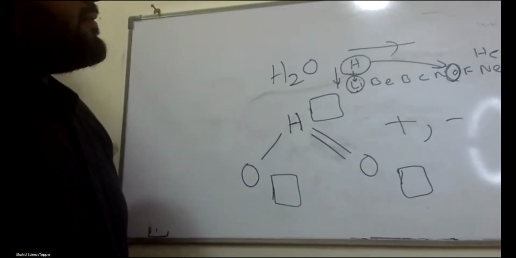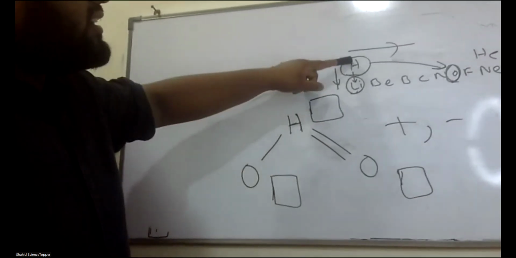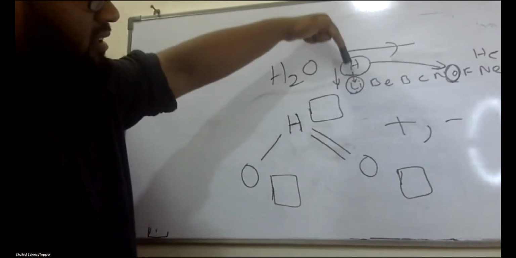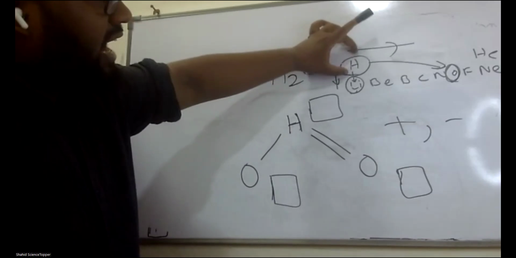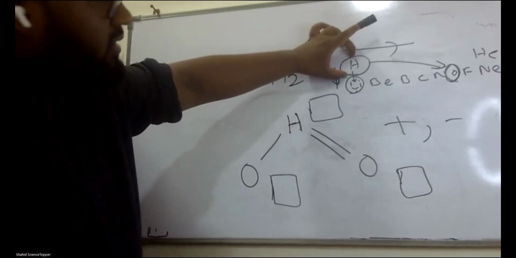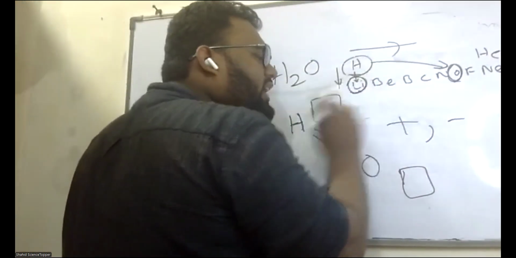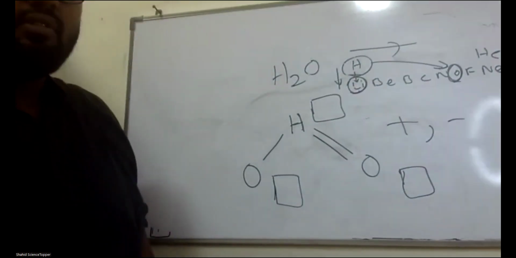The reason is, just see here, hydrogen and lithium are in the same group, right? Lithium is right below hydrogen. There is no chance for lithium to increase its electronegativity.